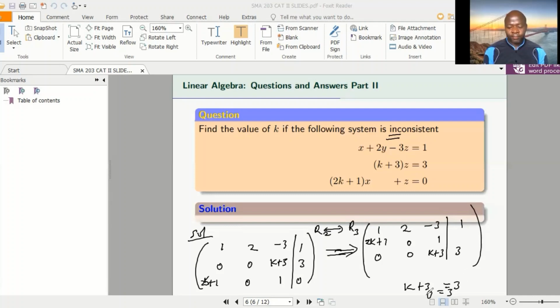So how do I get a 0 if I have K plus 3? Just equate K plus 3 to 0 and find that K will be negative 3. So if K is negative 3, then I will have 0 equals 3, and that means that the system will be inconsistent. That's how I do it.